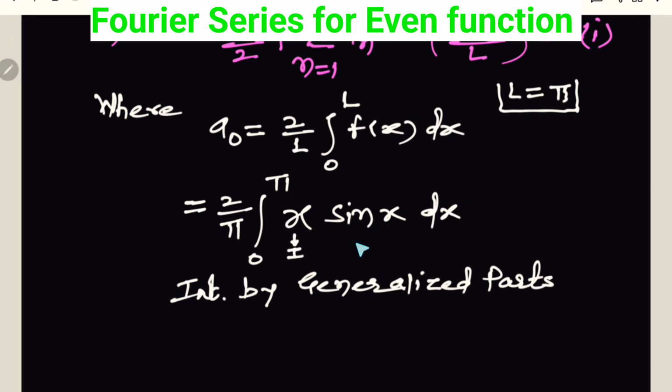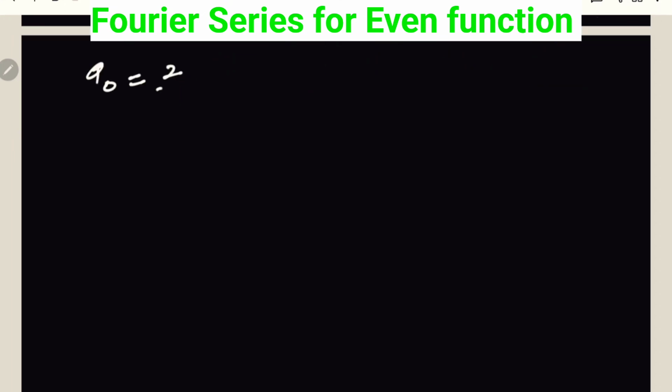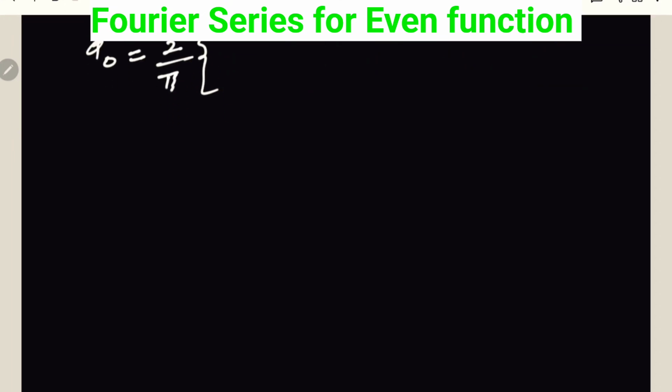Therefore, we have to decide the order: x is algebraic, therefore the first term, and sin x as the second term. 2 by pi as it is outside.